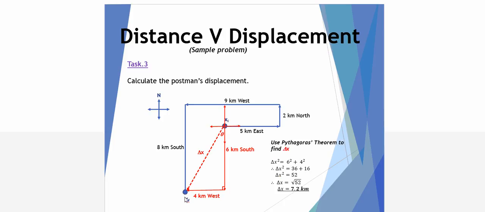Now, if we use some simple Pythagoras, the equation being c squared equals a squared plus b squared, on this red right angle triangle, we can see the hypotenuse, which is our unknown delta x squared, will be equal to 6 squared plus 4 squared. So you follow your mathematics through, that gives us 36 plus 16, a total of 52. And when I take the square root of the 52 to get delta x by itself, the unknown hypotenuse of this right angle triangle, I find the total displacement to be 7.2 kilometers.